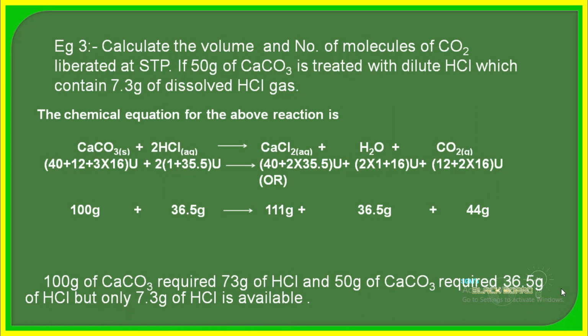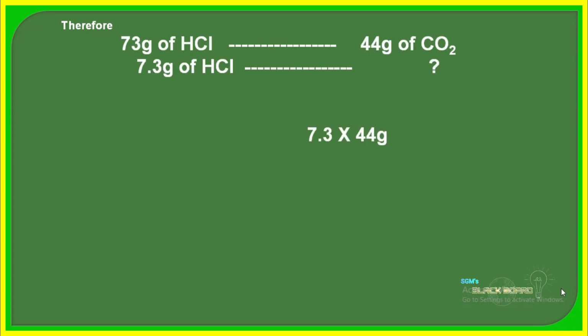So 100 grams of calcium carbonate requires 73 grams of HCl, and 50 grams of calcium carbonate requires 36.5 grams of HCl, but only 7.3 grams of HCl is available. 73 grams of HCl produces 44 grams of carbon dioxide, so how much carbon dioxide is produced from 7.3 grams of HCl?